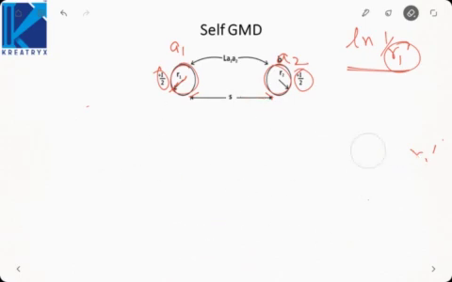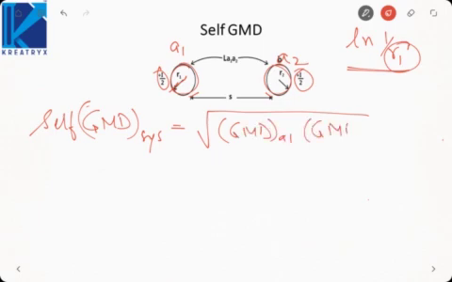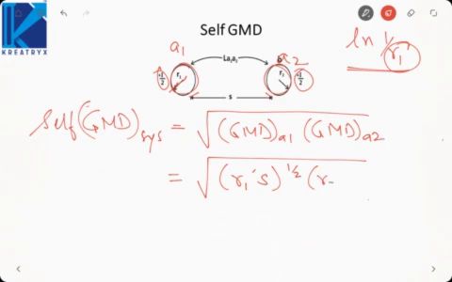But if we want to calculate self GMD for the entire system, as we saw in case of the two wire line, the self GMD of the system will be the geometric mean of GMD A1 and GMD A2. GMD A1 is R1 dash into S, GMD A2 is R2 dash into S. So it will be S under root R1 dash R2 dash to the power half.